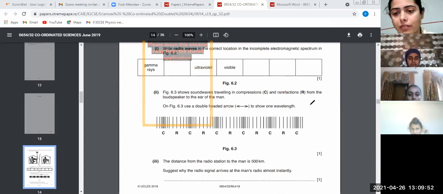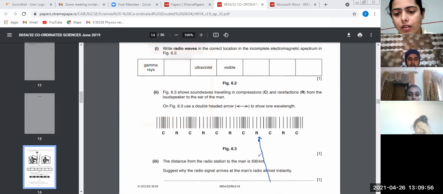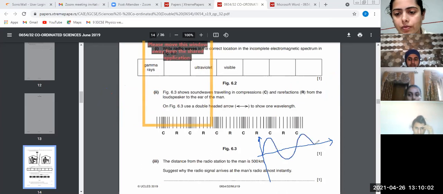Let's say you have this question in the exam. Okay. Now I'm going to ask you that which of the following represents the wavelength. Okay. This is the question. Which of the following represents the wavelength?